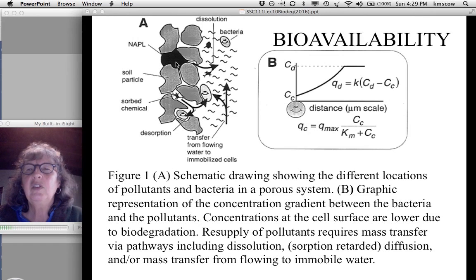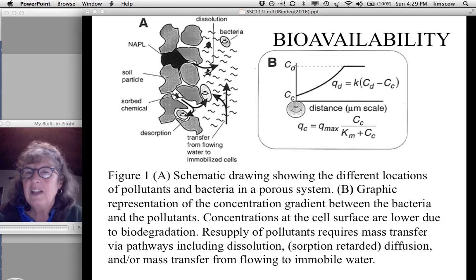And so this shows you a NAPL, which is a non-aqueous phase liquid, a big blob of insoluble compound, and it needs to dissolve and come into solution. So that will be a process right there. You remember the two-compartment model, the two first-order model of kinetics?